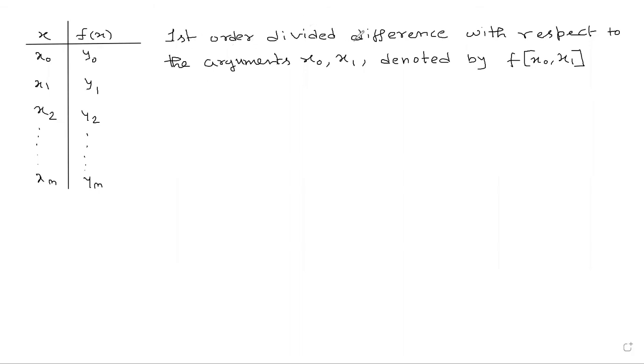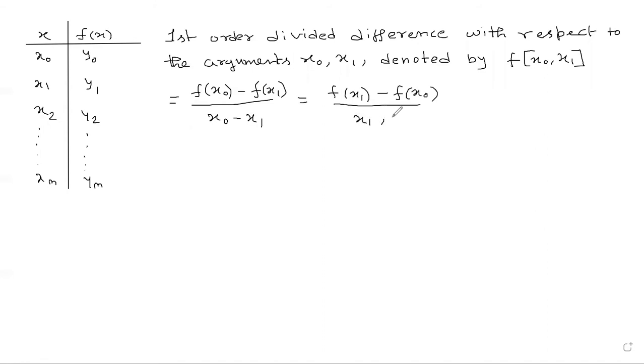Now the first order divided difference with respect to the arguments x0 and x1, which is denoted by f[x0, x1], is defined as (f(x0) minus f(x1)) upon (x0 minus x1), which can also be written as (f(x1) minus f(x0)) upon (x1 minus x0).